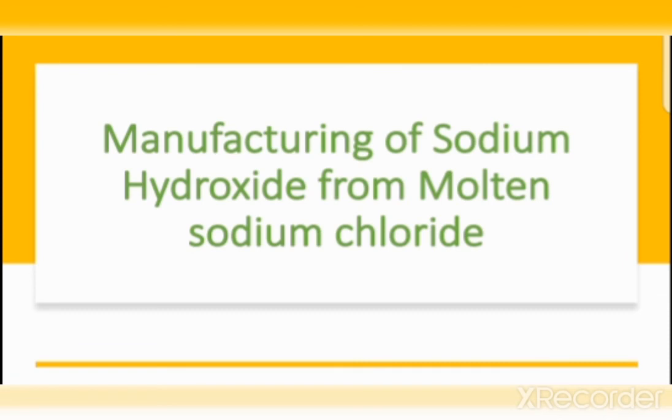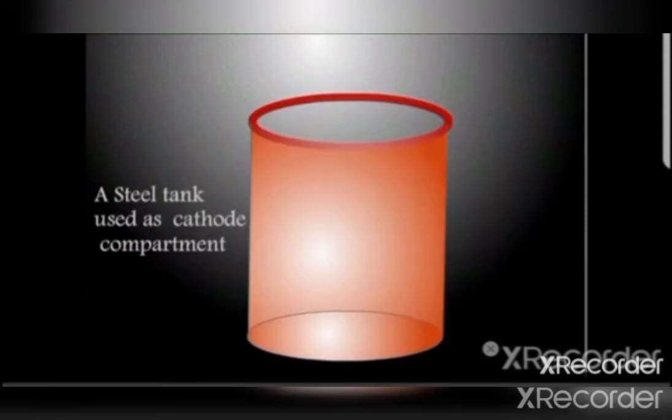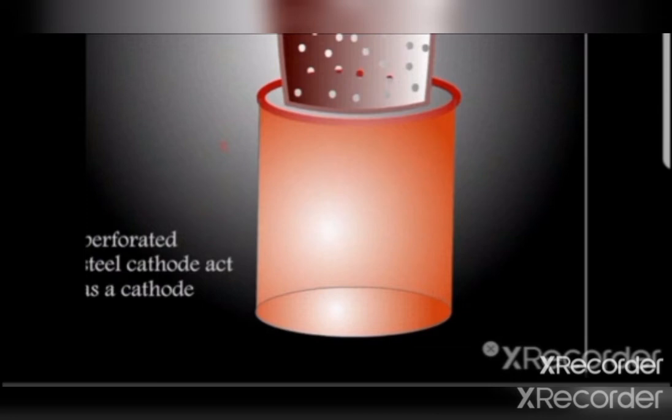Now, let us discuss the manufacturing of sodium hydroxide from sodium chloride brine, which takes place in the Nelson cell. The Nelson cell or diaphragm cell is used in the production of caustic soda. A steel tank is used as the cathode compartment.